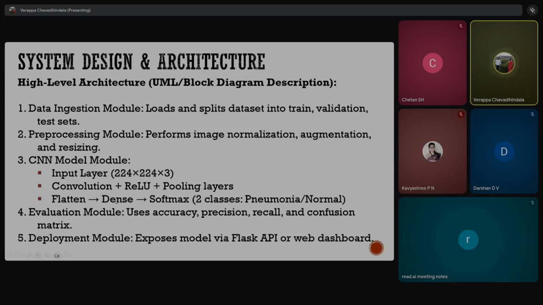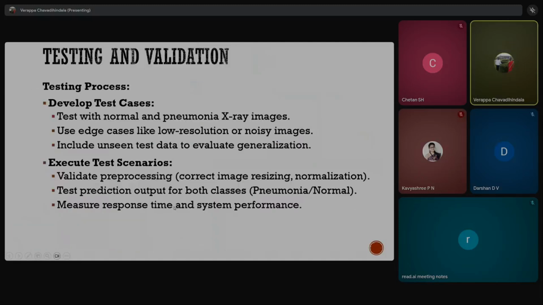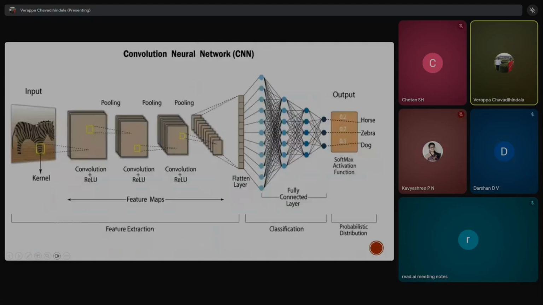We are using the CNN model here. The input layer is 224 by 224 by 3, followed by convolutional layers, flatten, dense, and softmax. As you can see in this image, we are taking a zebra as an example image. In our model we are using X-ray images.